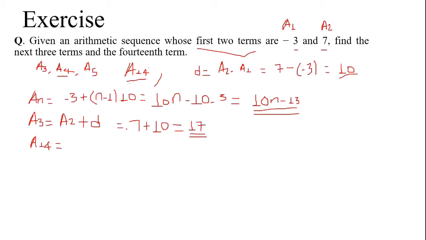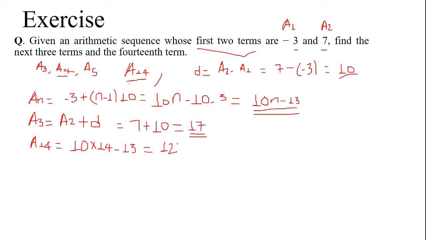So we can put 14 on n, so 10 times 14 minus 13. So this is 10 times 14, it is 140, minus 13, it is calculated as what? 127.